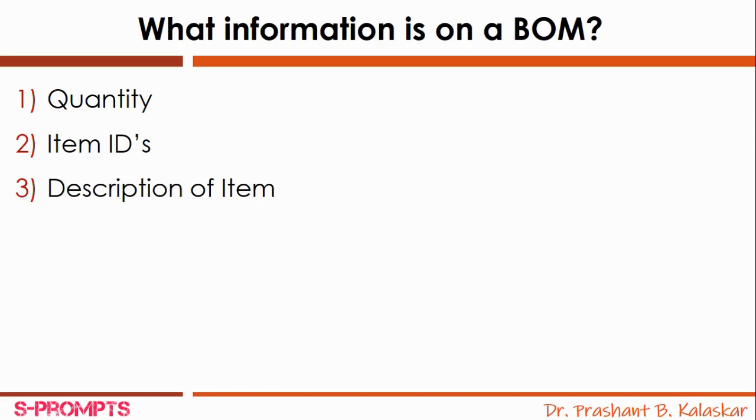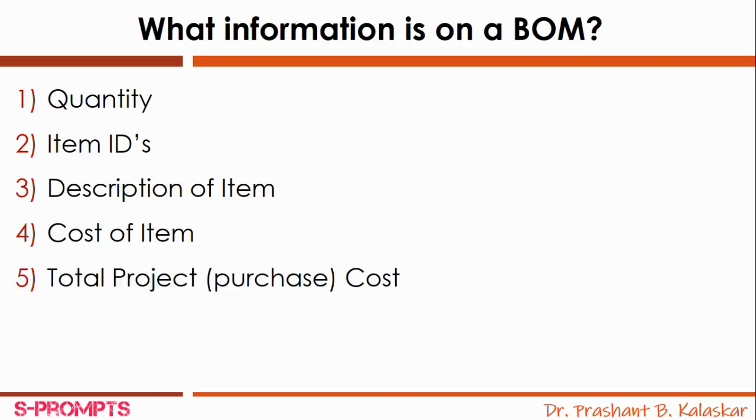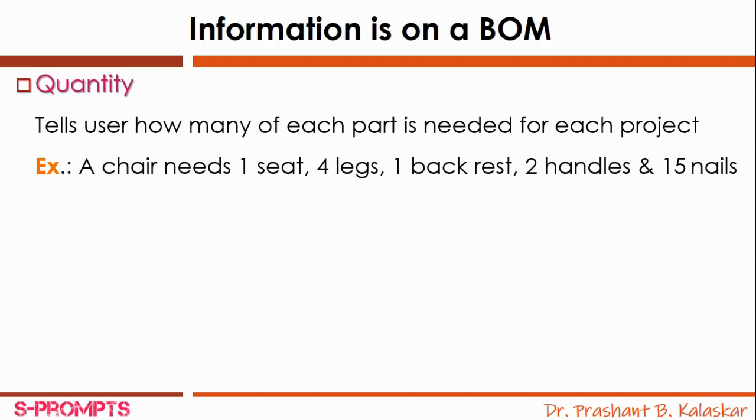Third is description of the item, which includes what the item is and additional information about the item. Fourth, information included in bill of material is cost of each item. And finally, bill of material includes the total project cost or total purchase cost.